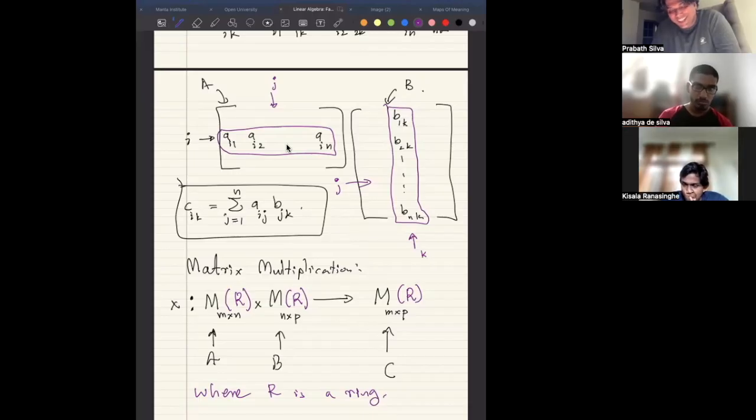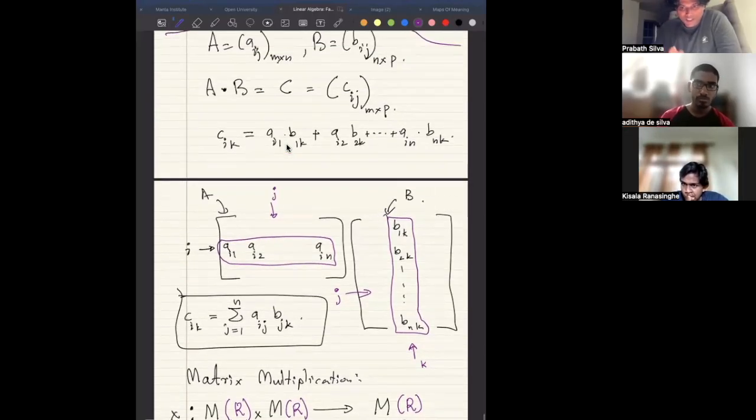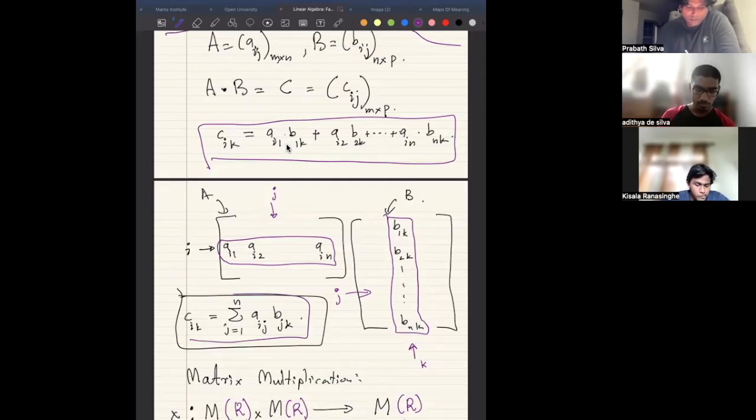Now you look back up here, notice that this formula makes sense. If A and B are coming from a ring, you have the two operations, because you'd be adding and multiplying, so you can do this.